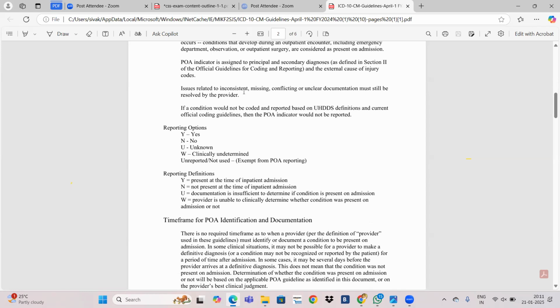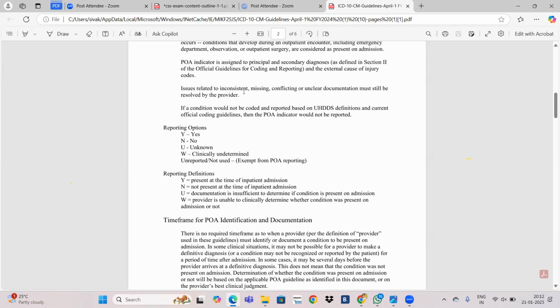Which means if we are unable to identify whether the condition developed prior to the inpatient admission or after admitting, based on the documentation, because the document was conflicting or missing, then you need to get clarity from the provider. You should not assign any indicator you want.